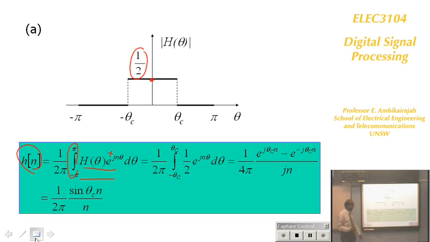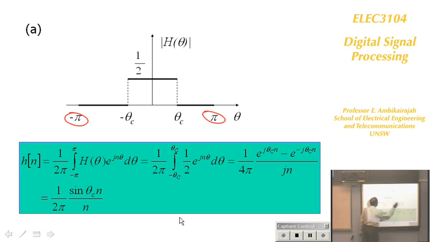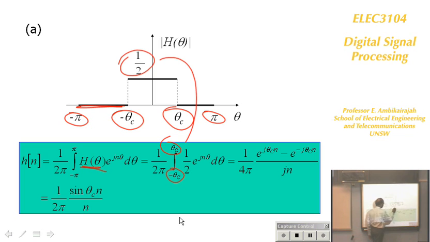Now I substitute: this doesn't go from minus pi to plus pi because the rest is all zeros, so I start from minus theta c to plus theta c. The integral goes from minus theta c to plus theta c, and the magnitude is half, so half is here, and e to the j n theta.